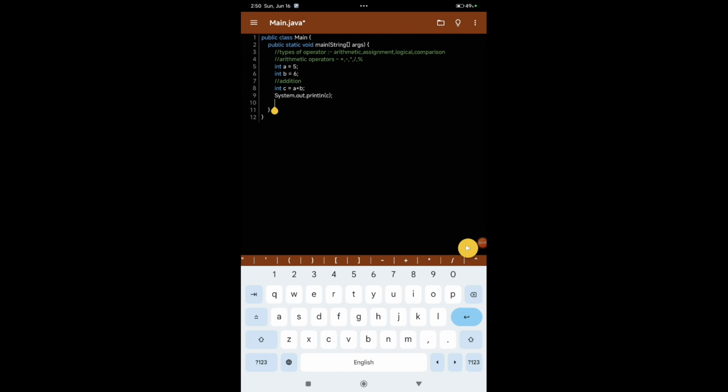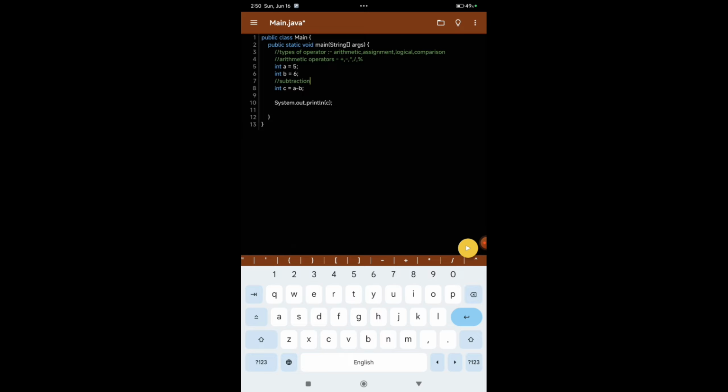Now let's discuss another operator, which is minus. I will make another data type here. I will write simply minus instead of plus, and write here subtraction.